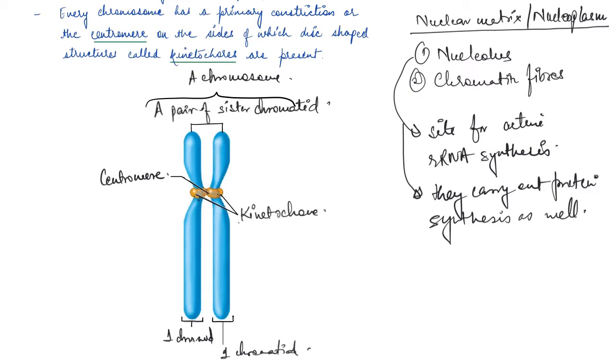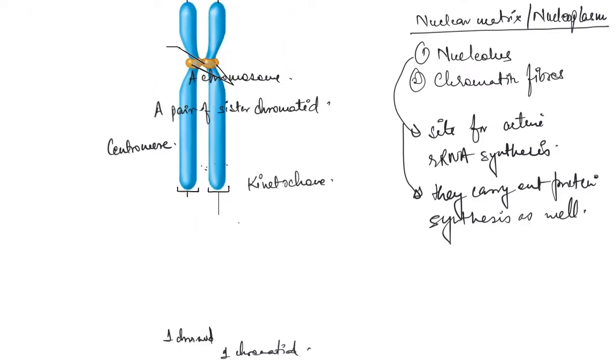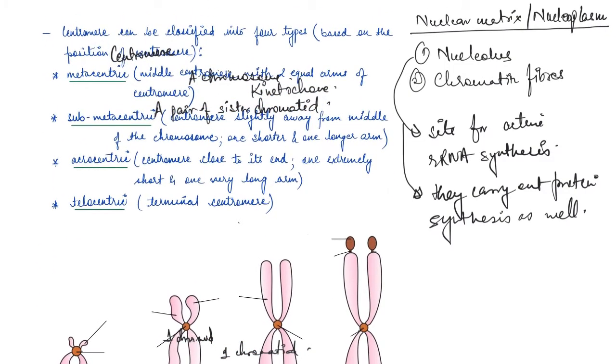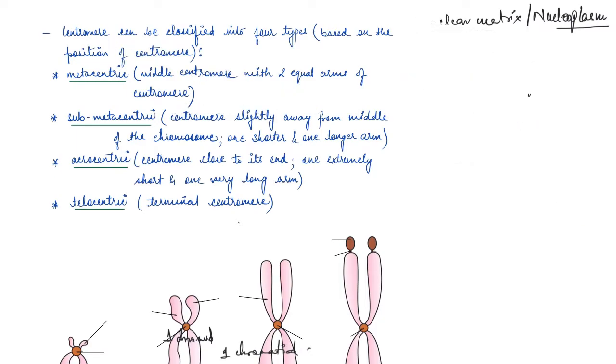So now, based on the position of the centromere, there are different types of chromosomes. There are four types of chromosomes on the basis of the positioning of this centromere, right? So let's see what these different types of chromosomes are.